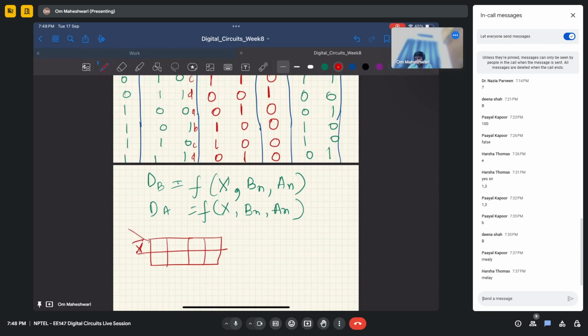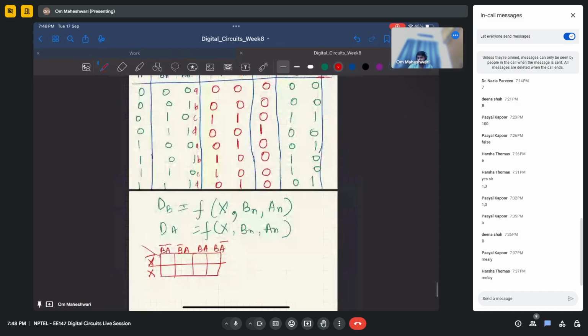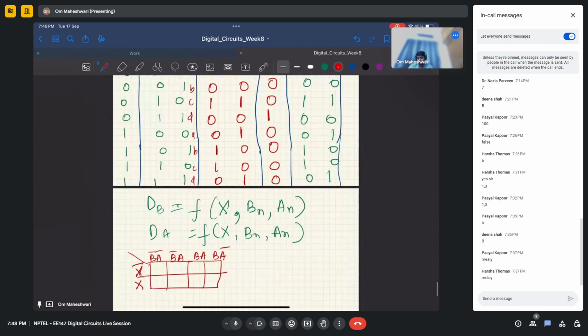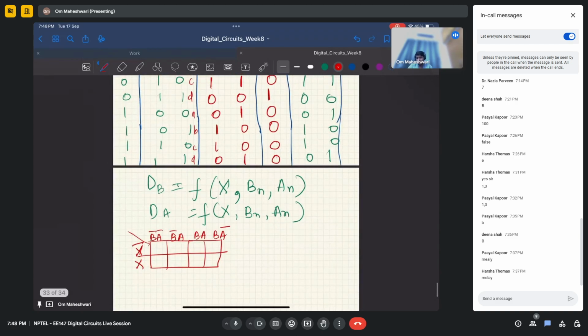X bar and x, you have B bar A bar, B bar A, B A, B A bar. Right. So similarly, we will make the same thing for dA also.